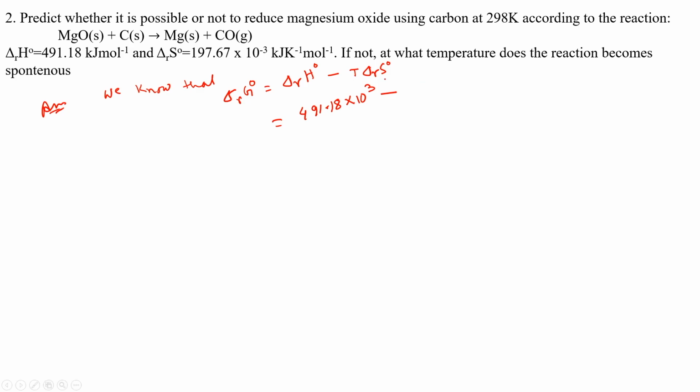We can write in kilojoule because everything is given in kilojoule unit. And then T is given, T is 298, times delta S, which is 197.67 times 10 to the minus 3 kilojoule per mole.